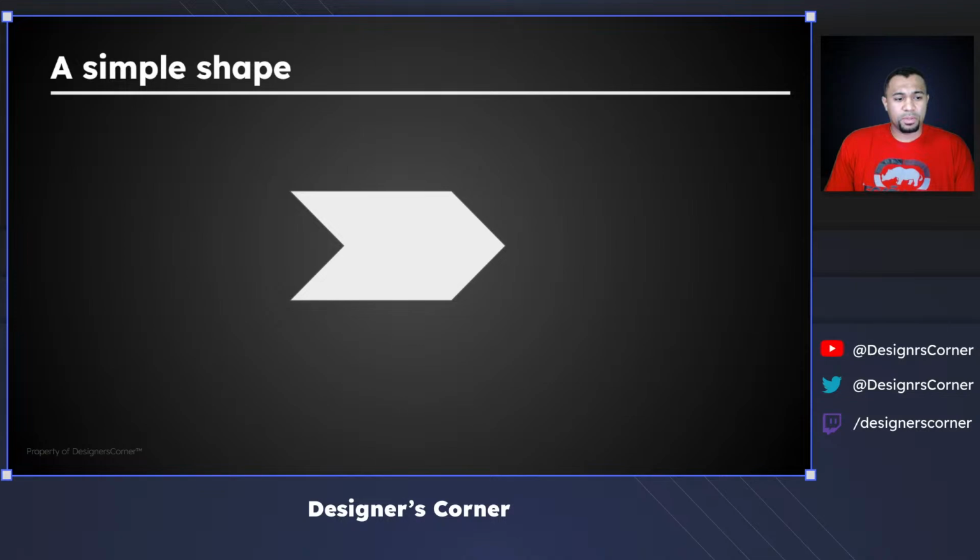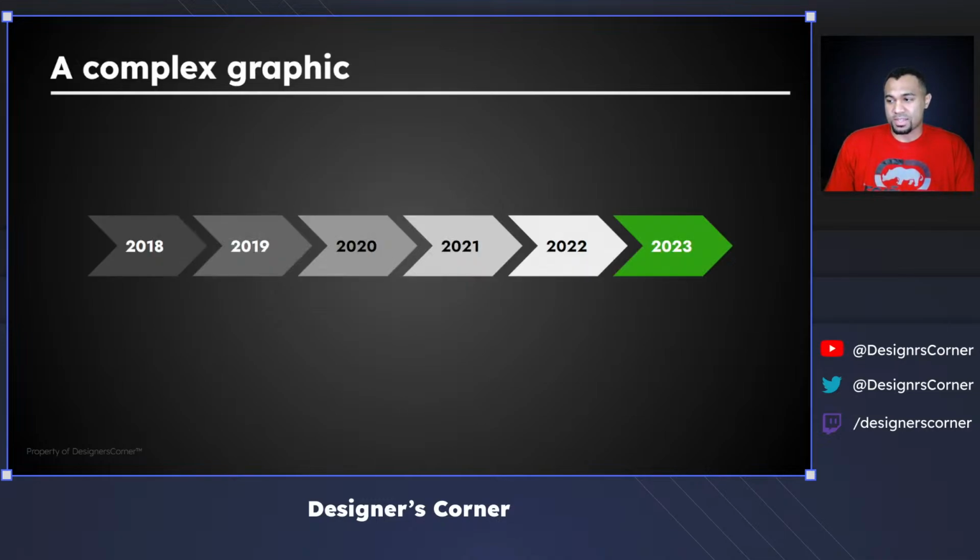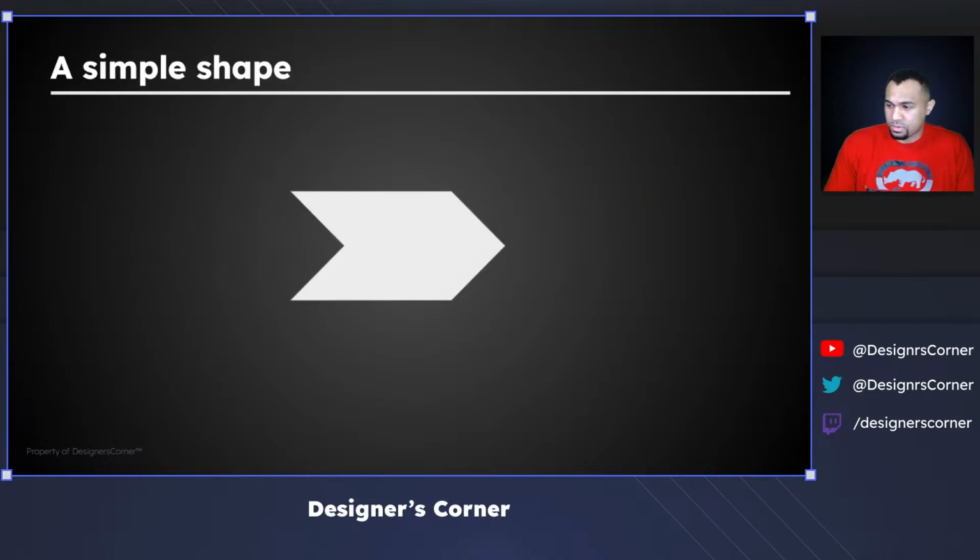So taking an example here, we have a simple shape like this one, and through it we're able to make more complex graphics. This simple shape is an arrow shape, and what does an arrow represent? It pushes our eye, in this case from left to right, because of the quality of an arrow, because of the diagonal lines that it boasts.